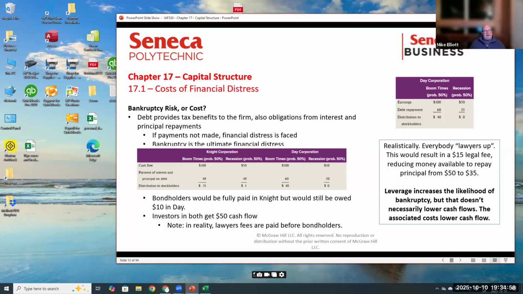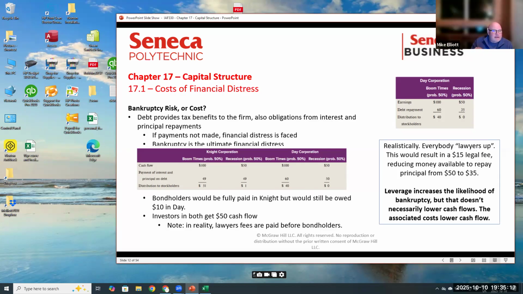These are the costs of financial distress. Does every company that borrows money face them? No. Every company that borrows money has to be in a position where they understand they could face them. And that's what causes financial distress costs.